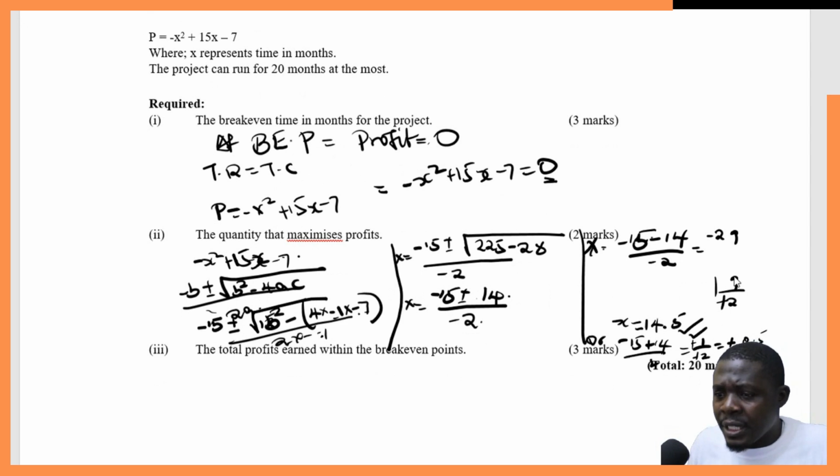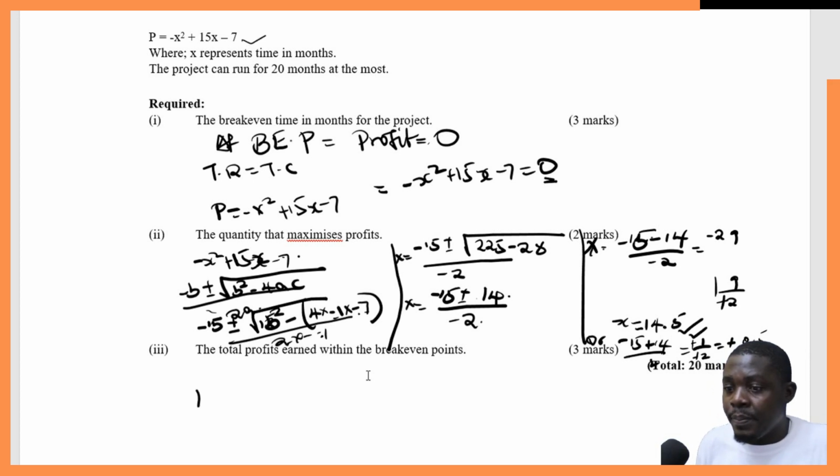Now you are told the total profit earned within the break-even point. Now we just use this particular 14.5 in this particular equation we have given here.